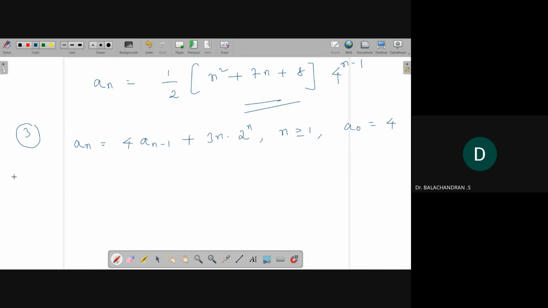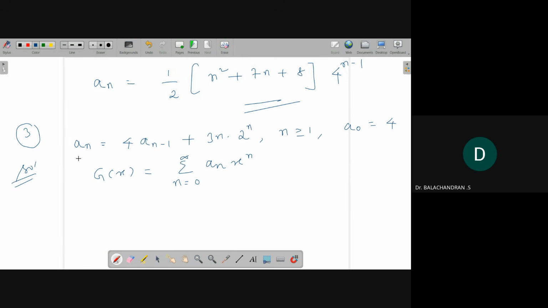Okay, now the solution. So g of x, the generating function g of x, is equal to summation n equal to 0 to infinity a_n x power n.